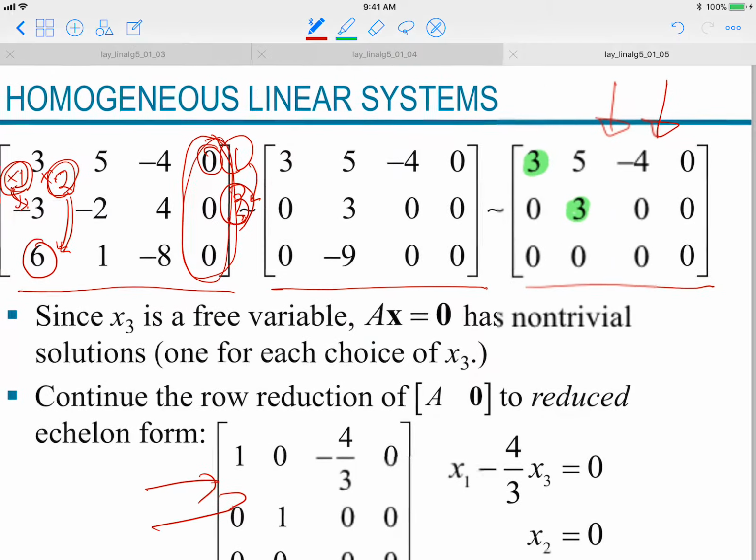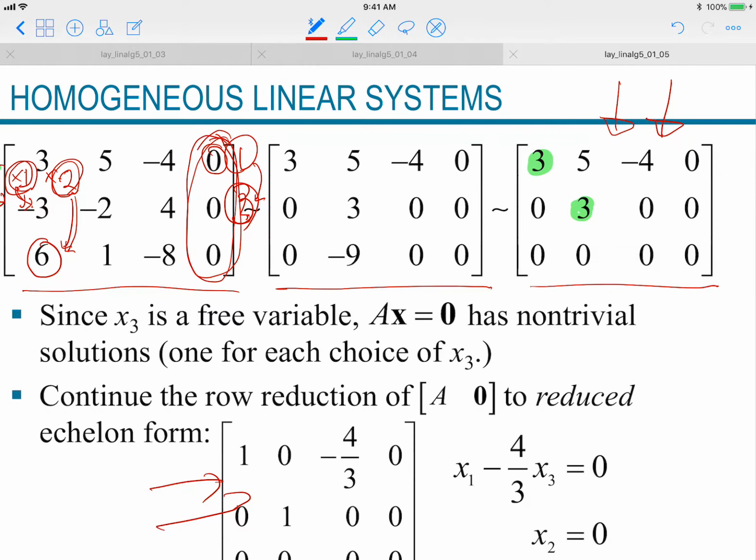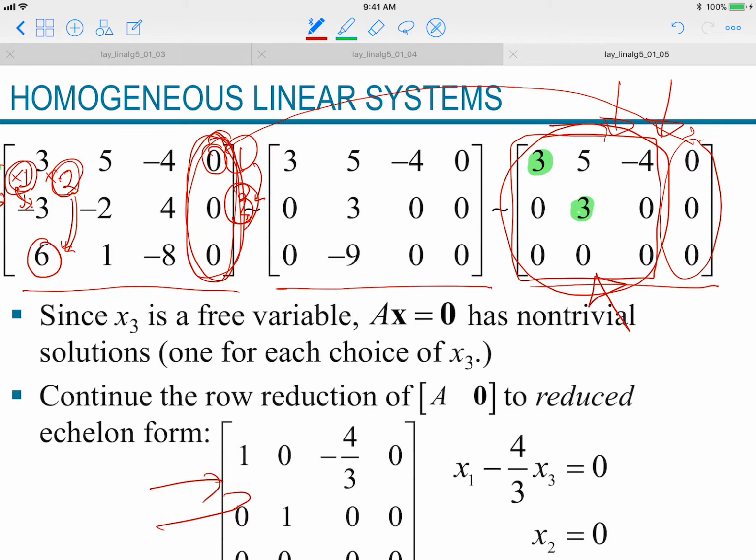So the point here is that if we are given different values in the last column, they will just follow and they will not influence the row reduction result in this echelon form, at least on the first part, the matrix A, okay?